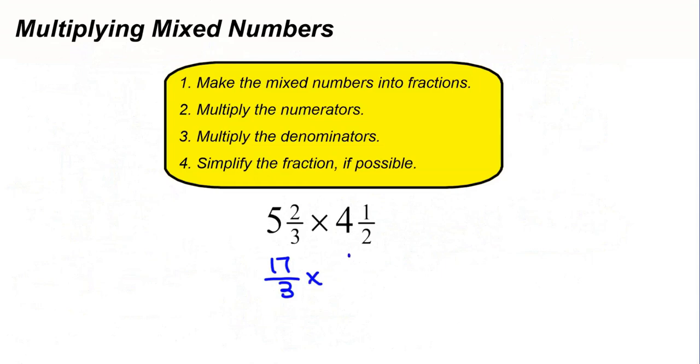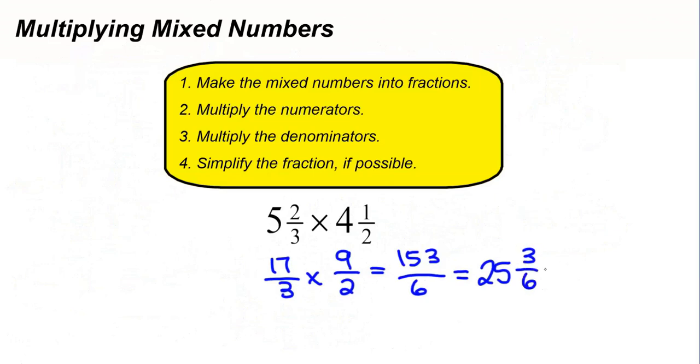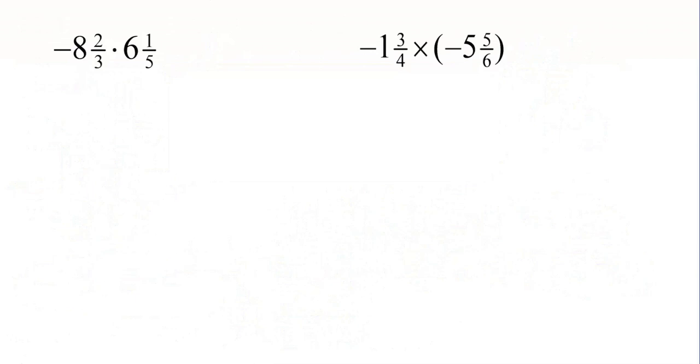And 4 1/2 is 9/2, and then I can just multiply straight across here to get 153/6, which as a mixed number is 25 3/6, which simplifies to 25 1/2. So again, a little extra step involved with mixed numbers, but much of the same as multiplying fractions.